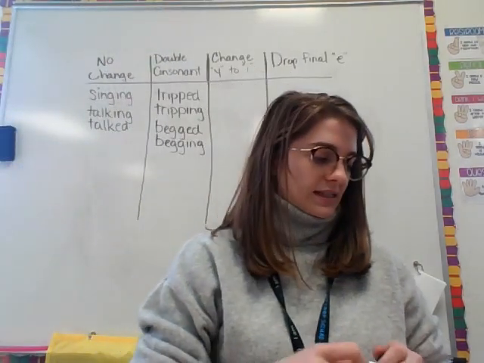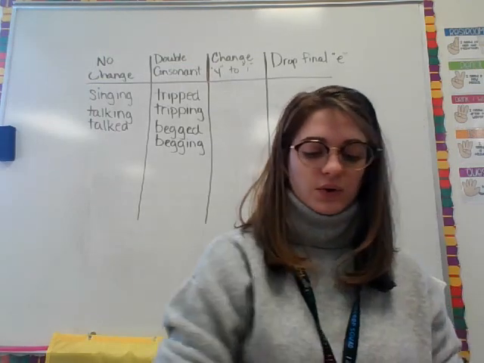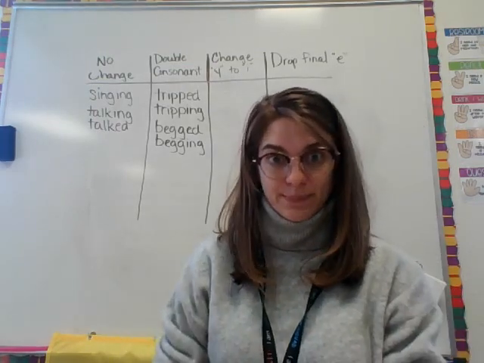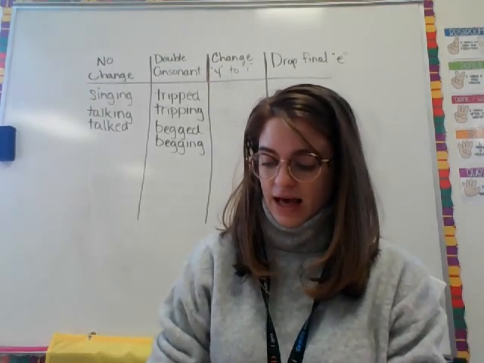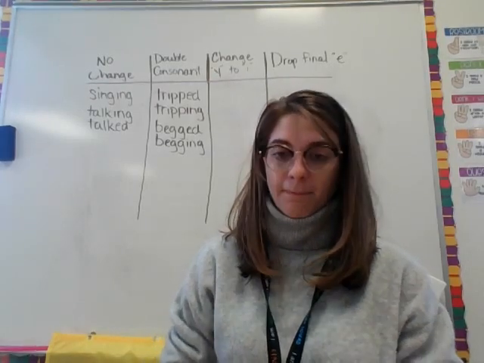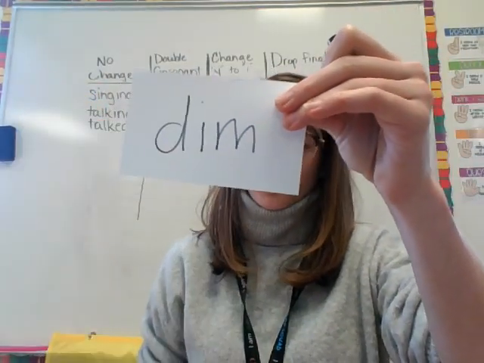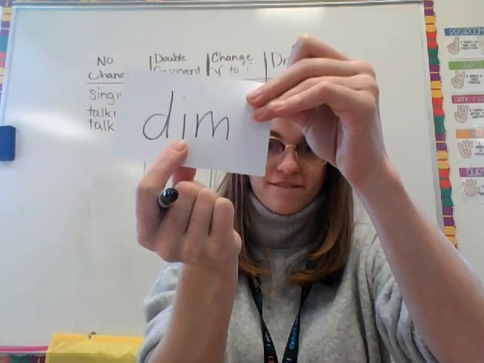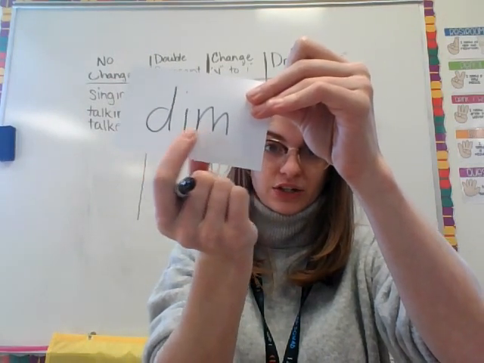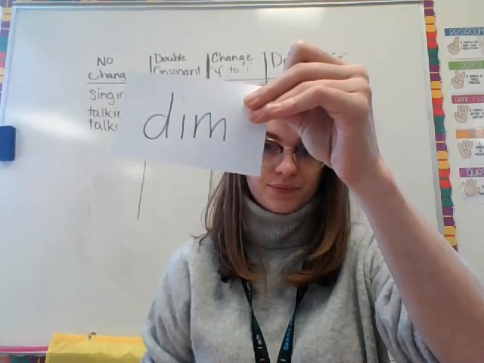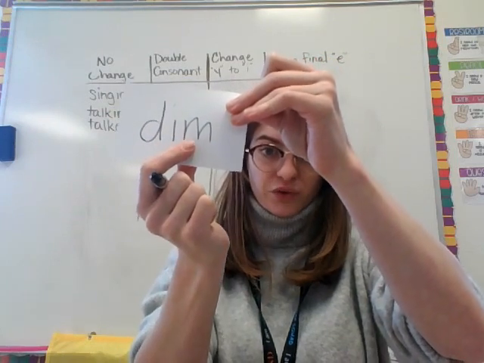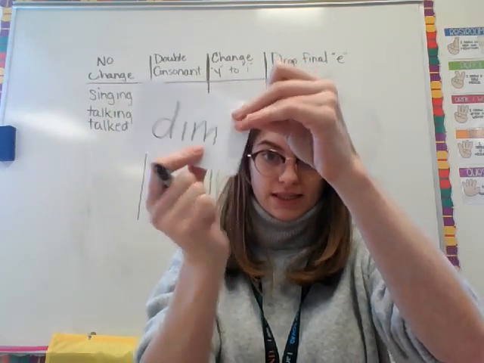The last double consonant word we will look at today is the word dim. D-I-M. Dim. And you'll notice again, it ends in a vowel consonant. These last two letters are a vowel consonant, so that means it's going to follow the rule of doubling the consonant.